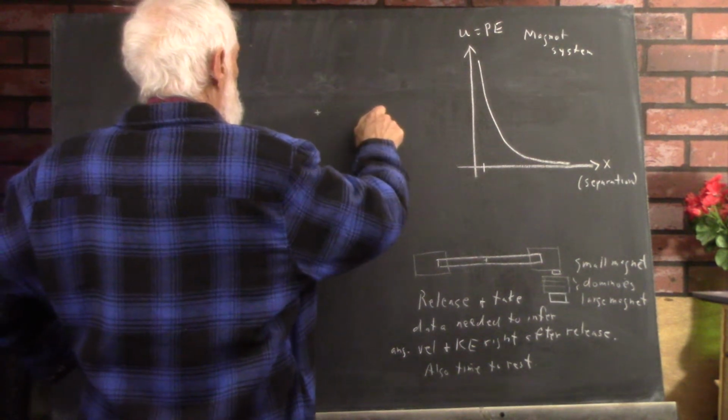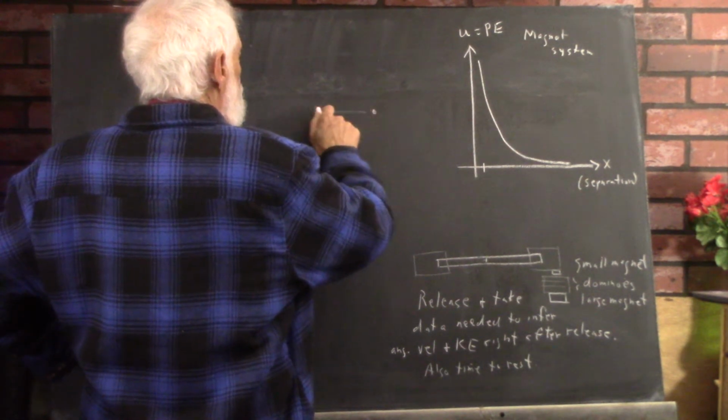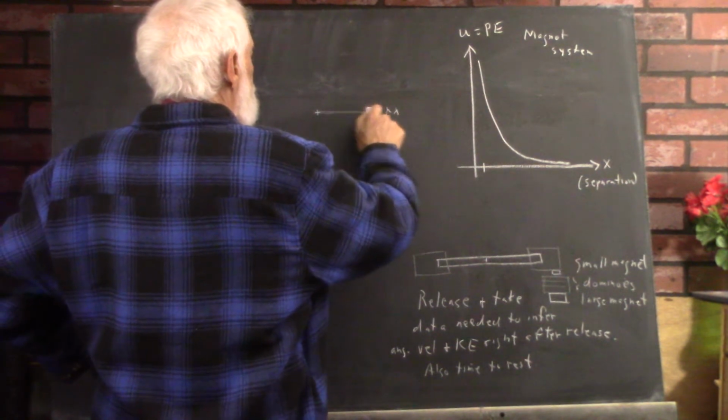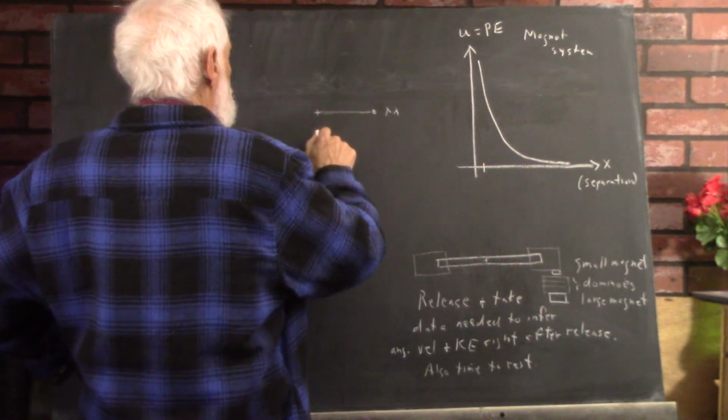the idea of a single mass, M, at the end of a massless rod.